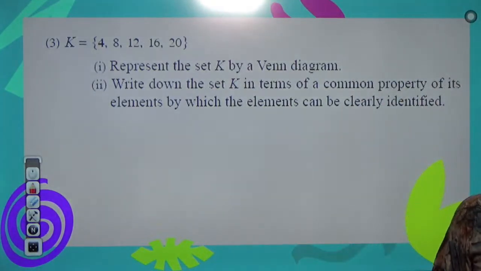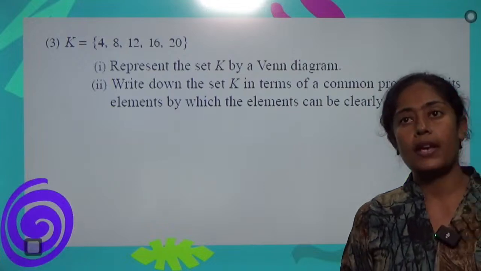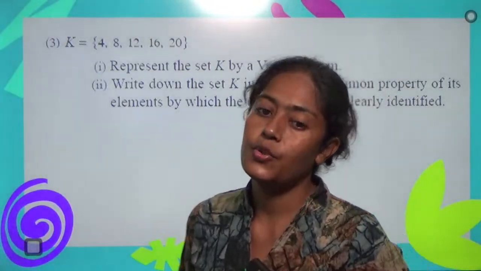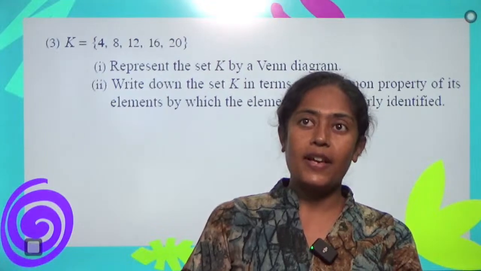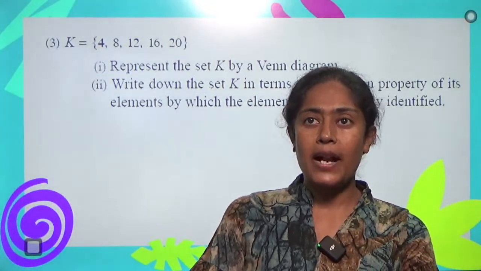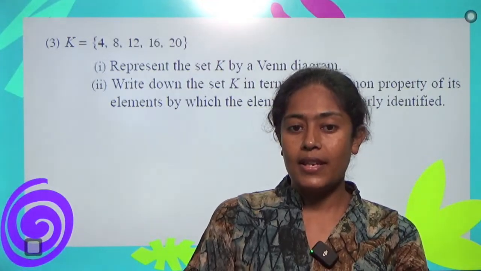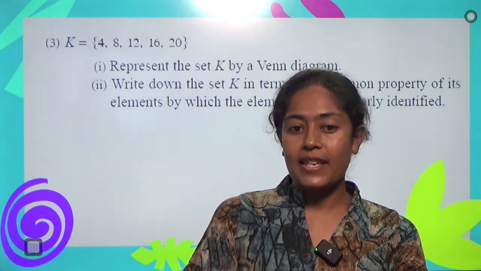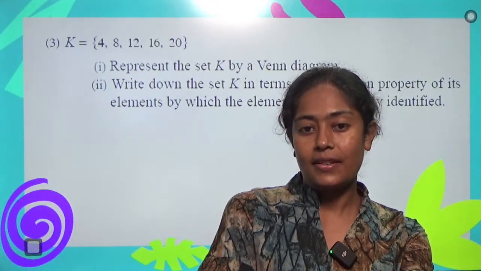they have given elements within curly brackets: 4, 8, 12, 16, 20. What are those numbers? 4, 8, 12, 16 and 20. What are those? Just we can identify. Yes, all those are multiples of 4, right? Less than, we can say, 21, 22 or 23, right?